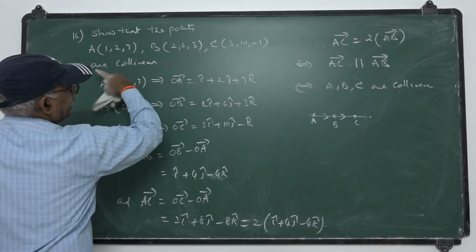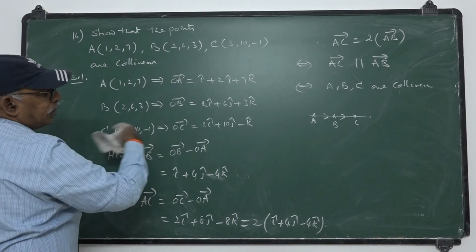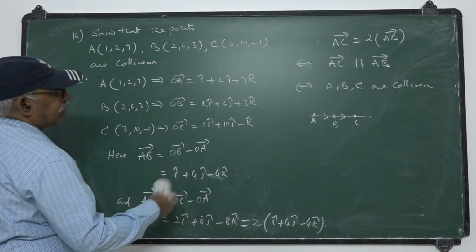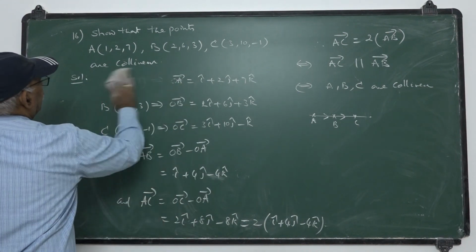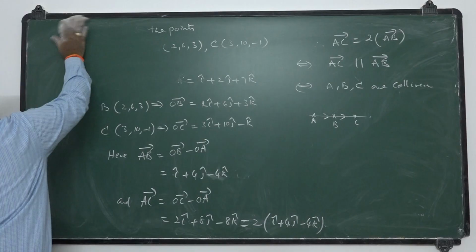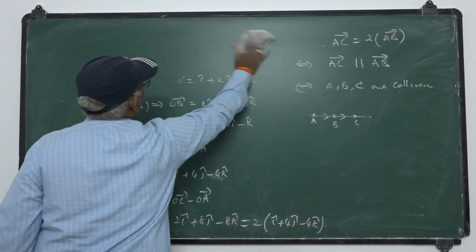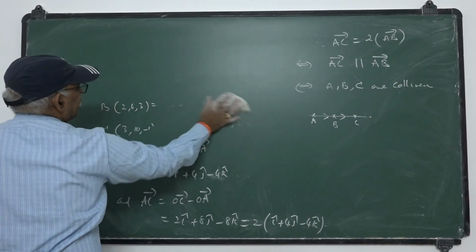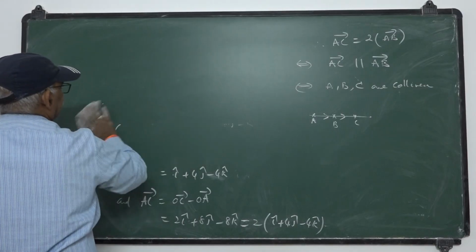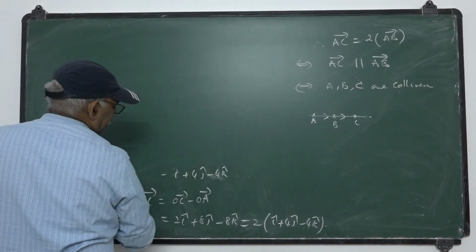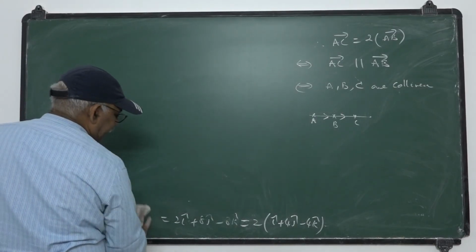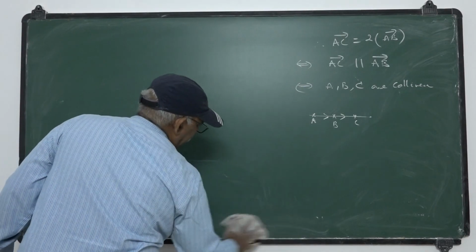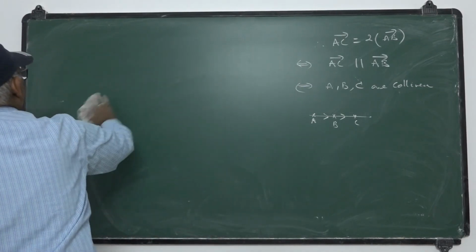Similarly, DRs of AC. Once the DRs are proportional, A, B, C are collinear. That is one more method followed in 3-dimensional geometry to show the collinearity of 3 points. This is the vectorial method. You can go through any method to show the collinearity of the 3 points.